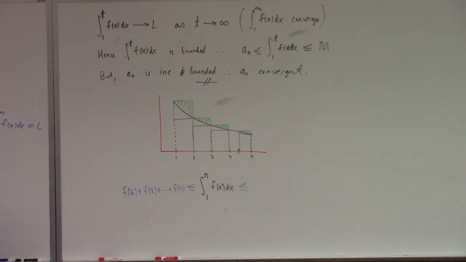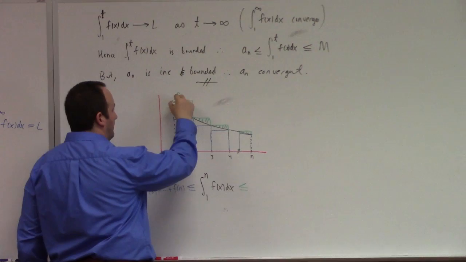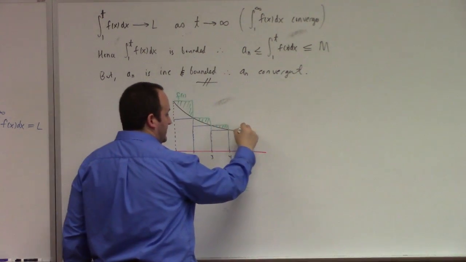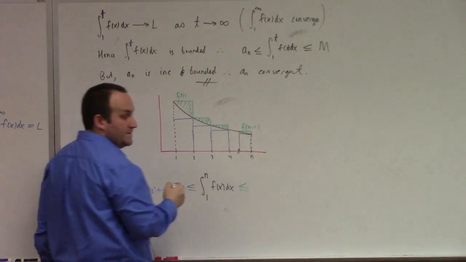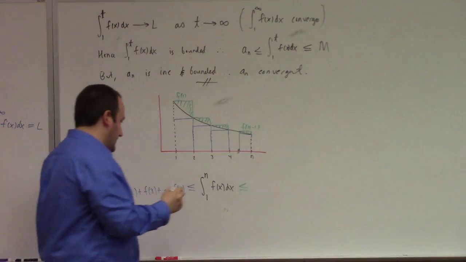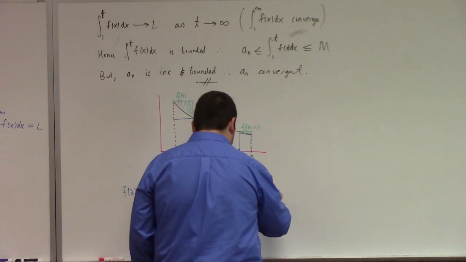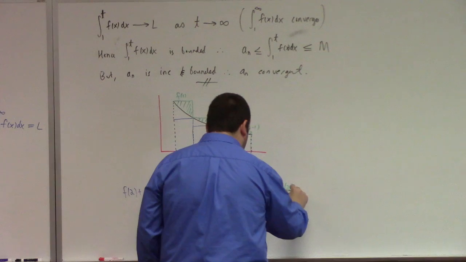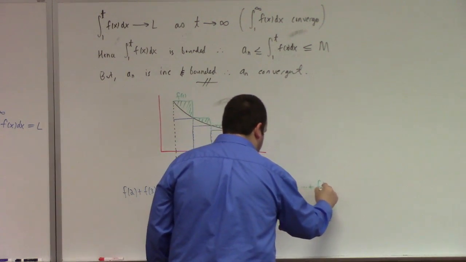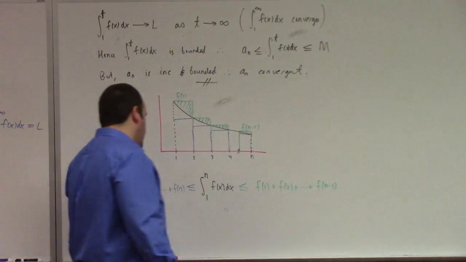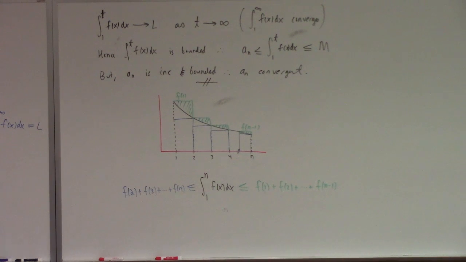And what does it start at? Well, the height of this one is f of 1, right? The height of the last one is f of n minus 1, though. So this is f of 1 plus f of 2 plus dot dot dot plus f of n minus 1. So the integral from 1 to n is stuck between these two things.